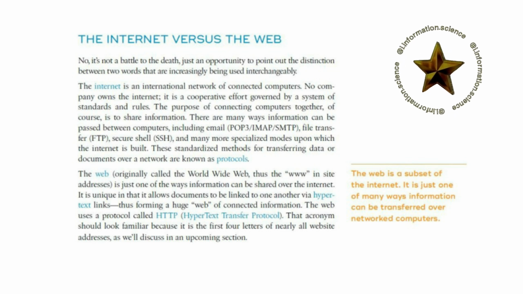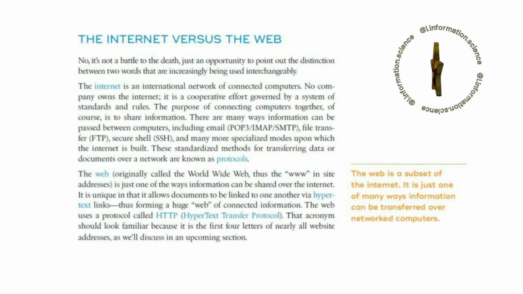The web, originally called the World Wide Web, thus the www in site addresses, is just one of the ways information can be shared over the Internet. It is unique in that it allows documents to be linked to one another via hypertext links, thus forming a huge web of connected information.